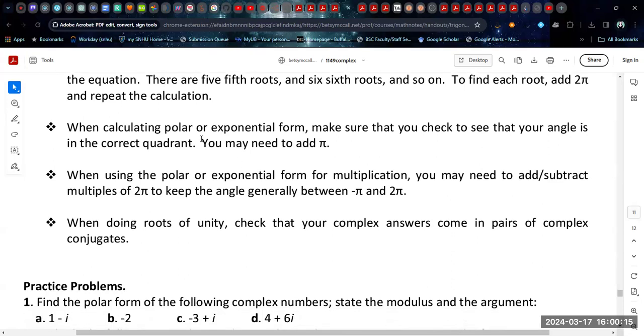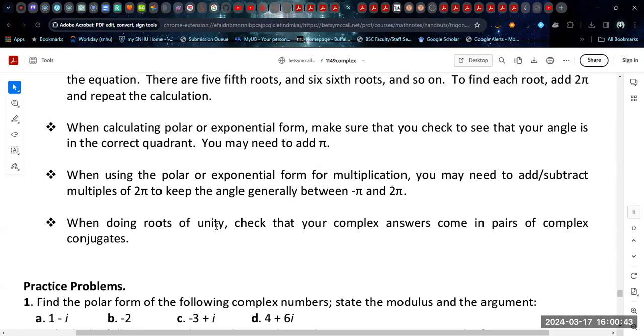When calculating polar or exponential form, make sure that you check to see that your angle is in the correct quadrant. Add pi if it's not. When using the polar exponential form for multiplication, you may need to add or subtract multiples of 2 pi to keep the angle generally between negative pi and pi, in the standard range of values.